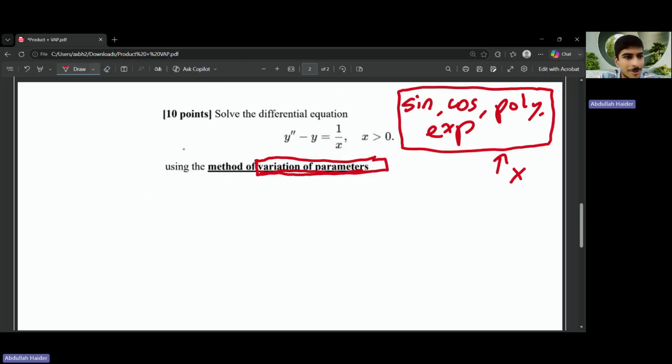Now you start off the same way. You first find the homogeneous solution, and here it will be r squared minus 1 equals 0. R1 equals 1, and R2 equals negative 1.